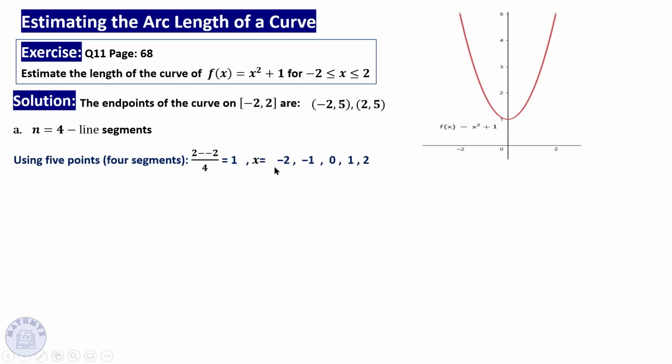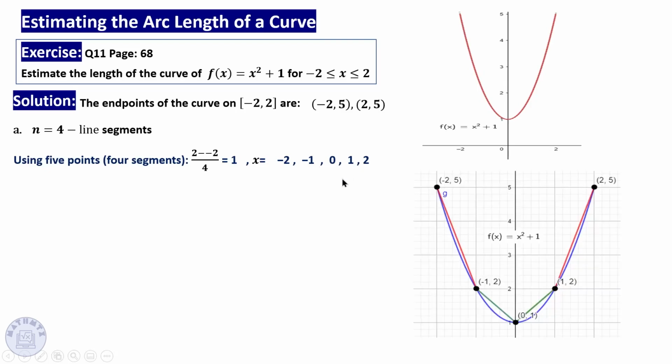So each time, starting from a, or the initial endpoint, I'm going to add 1. So this gives -1, and then you add 1 each time. And you can see here in this graph, I have the points, and I substituted each point in the function to give the y coordinate.